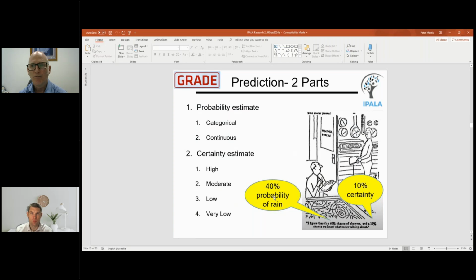Moderate means that your point estimate is probably pretty good, but with more research there'll be more precision around that point estimate. Low means there's a chance that the point estimate may change and the precision will definitely change. And very low means you're completely uncertain. You have no clue really what the impact of the intervention is going to be.